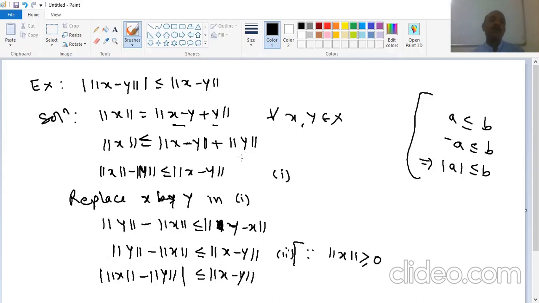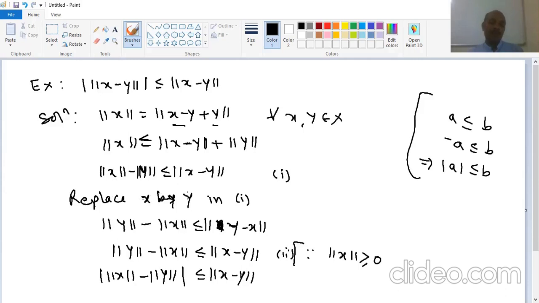What we have shown here: we consider norm x and add and subtract y. By the property of norm, this is norm x minus y plus norm y. If we transfer it to this side, we get this one.